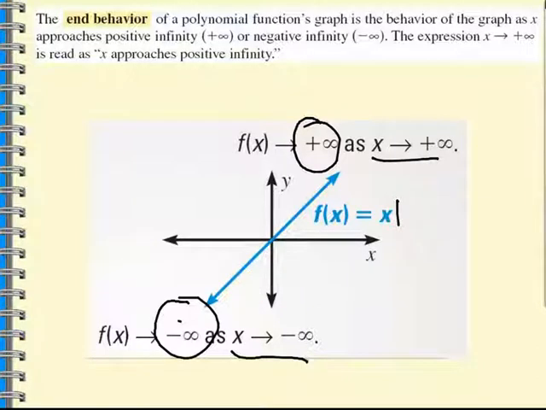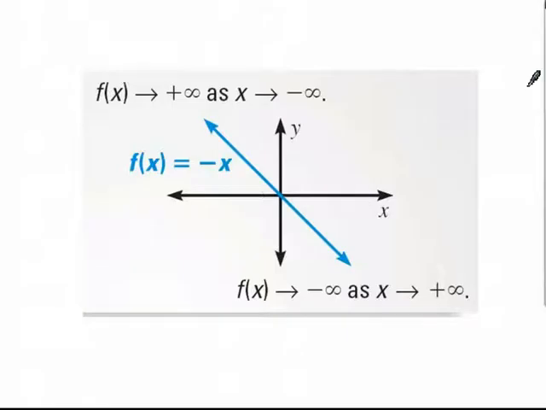Now if we take a look at an odd function that has a negative coefficient, the difference here, we have f of x is equal to negative x. Well, we still have an odd function here because our highest exponent is 1, and that is odd. But now, because we have that negative, we flip things. As x approaches negative infinity, our function approaches positive infinity.